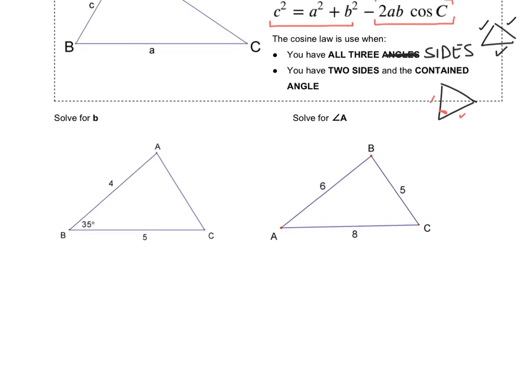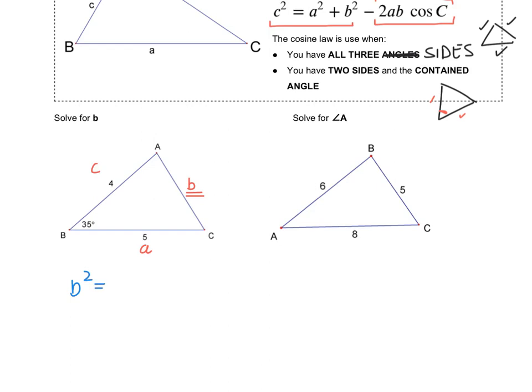We have solve for side b. So I will start off by labeling my sides. So across from angle A, side a, here's side b, and side c is across from angle C. Now my goal is to solve for side b. So I'm going to rewrite that cosine law, but instead of starting with c squared, I'm going to start with b squared. And then cosine law says add the other two sides squared.